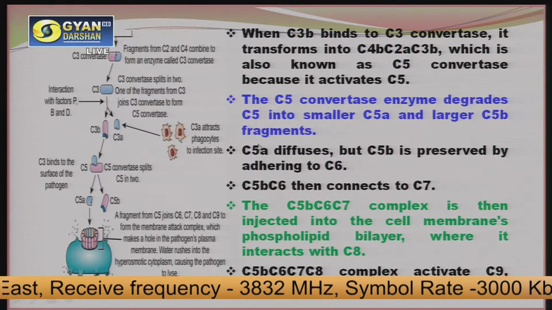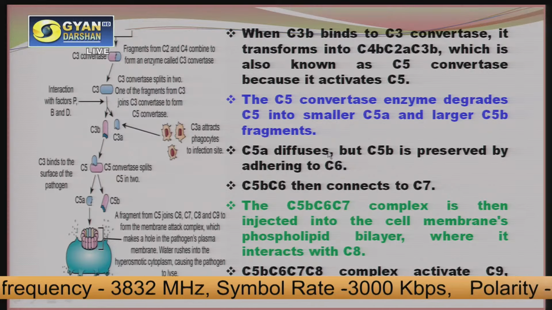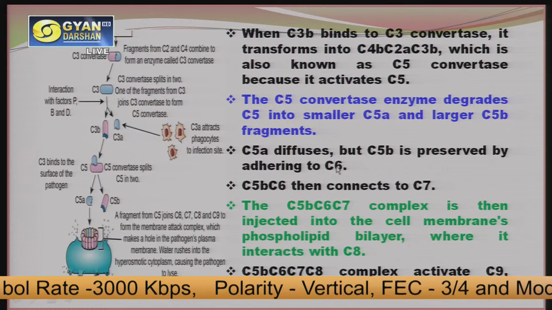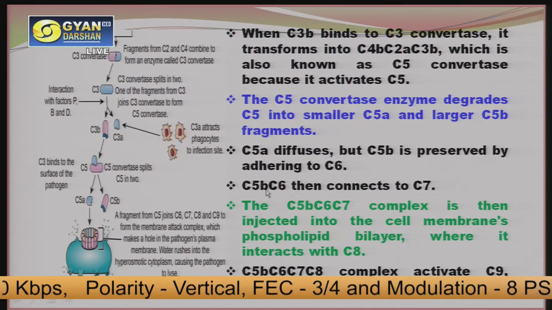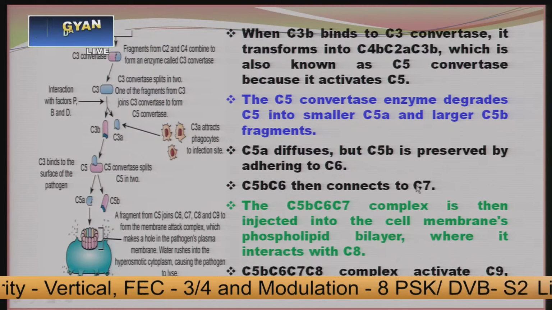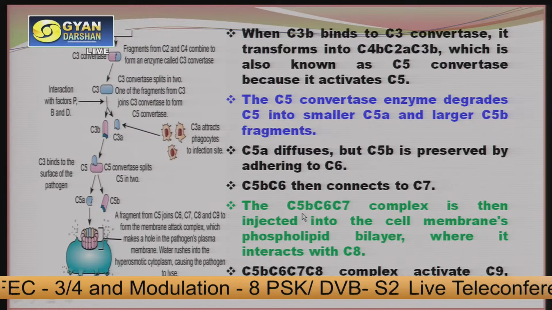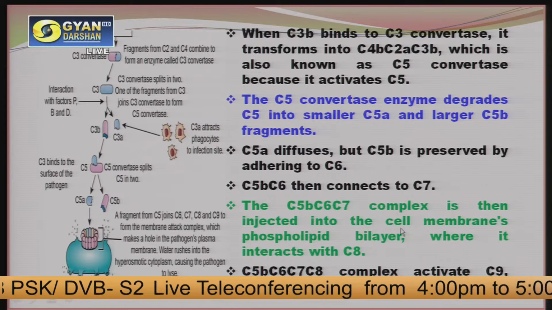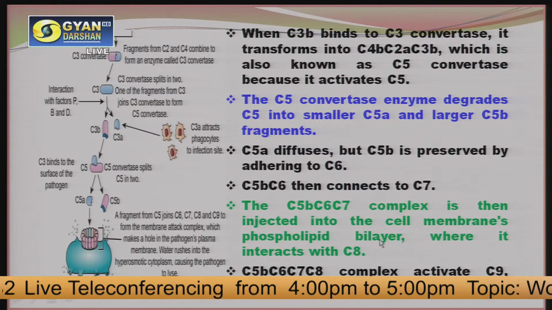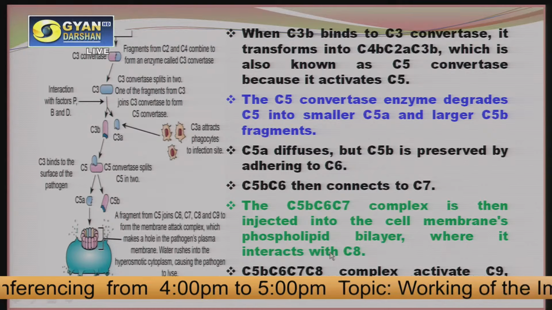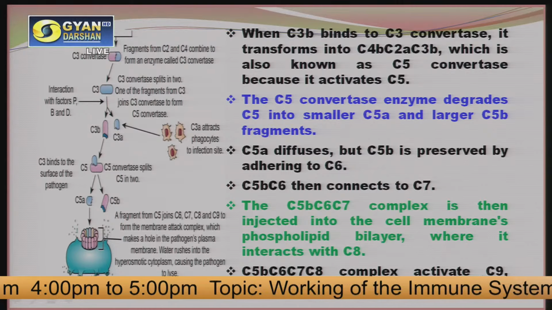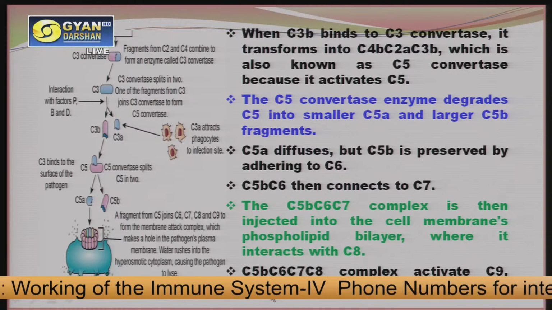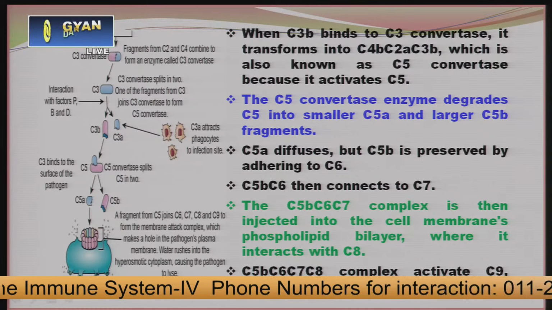And C5a diffuses and C5b is preserved by adhering to C6, and C5b-C6 then connects with C7, and the C5b-C6-C7 complex is injected into the cell membrane and phospholipid bilayer, where it interacts with C8, and the C5b-C6-C7-C8 complex activates C9, resulting in the formation of the MAC.